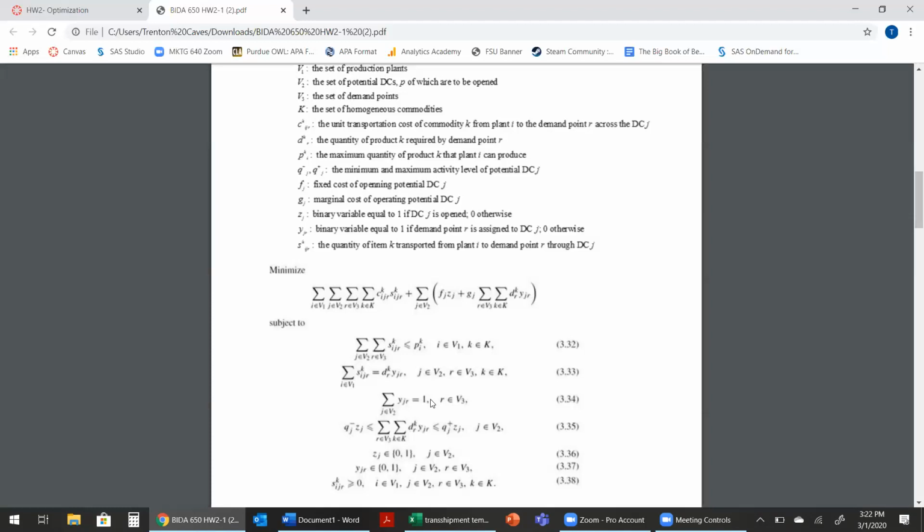Everybody understand that constraint? And see how we interpreted it?